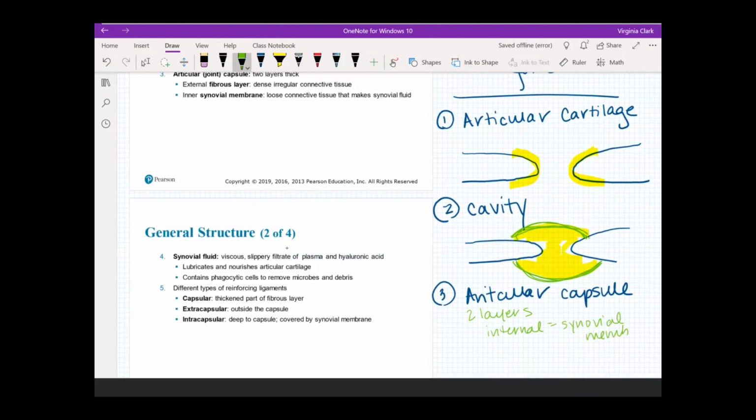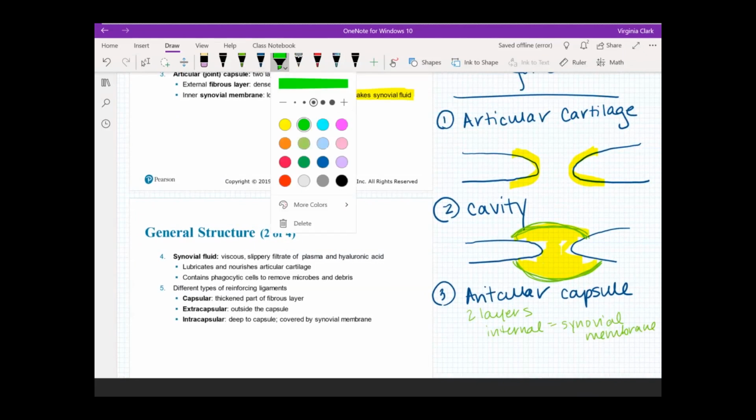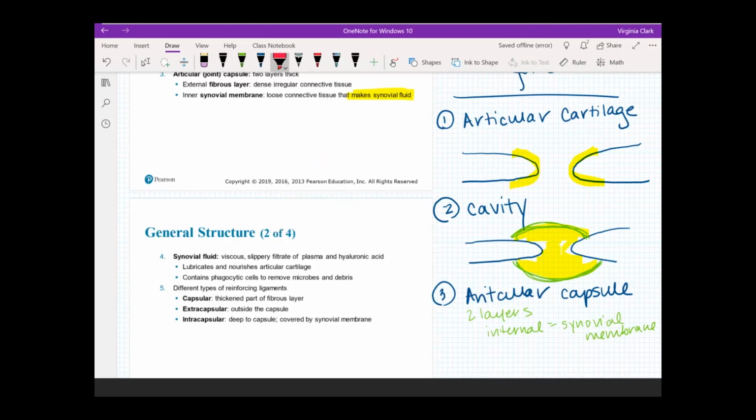This synovial membrane, or this green layer that I just drew, is going to be the one that makes the fluid that will then be found inside this joint capsule. And then the next part that your joint capsule will have will be the exterior, because it's 2 layers. So you have an internal and an external.